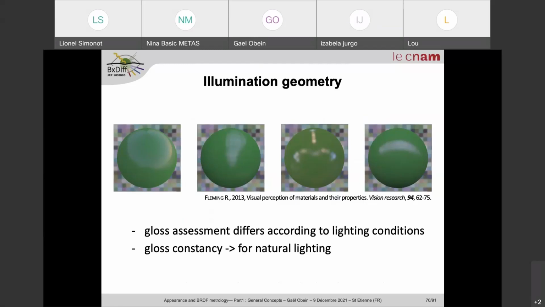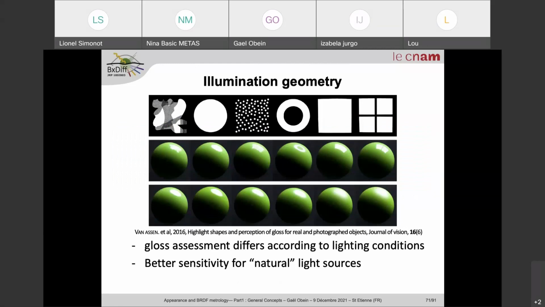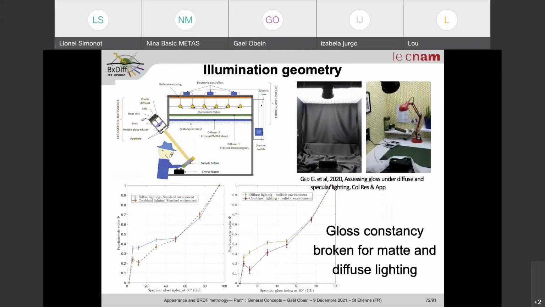This is something that has been done by Fleming, and a few years after by a student of Fleming, who did it in another way, but it's the same thing. You see, it is a simulation, but there are natural lights, like the window, for instance, and there are lights that you will never see in reality, and it gives you a higher sensation of gloss when your sample is seen under natural conditions. This is interesting.